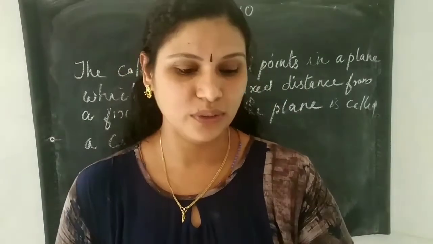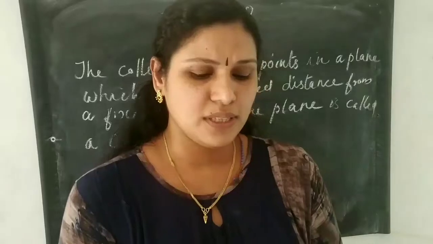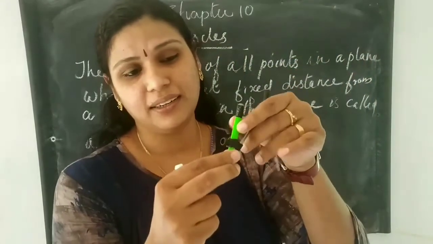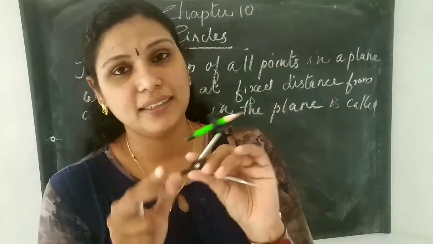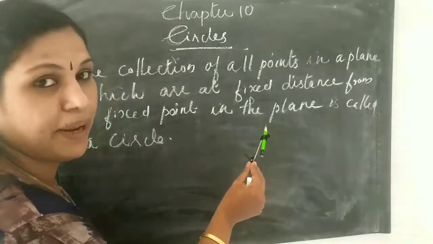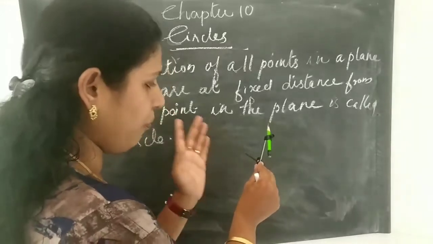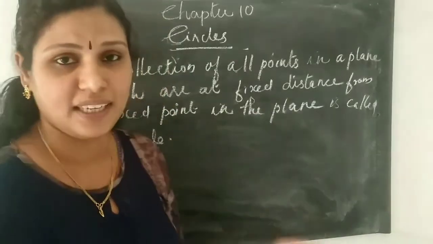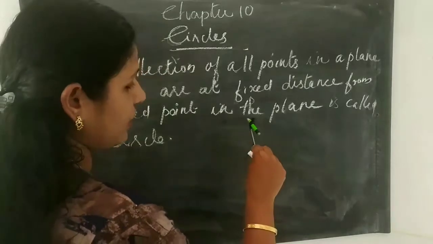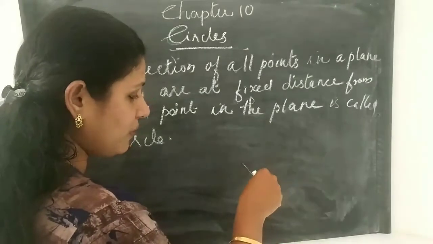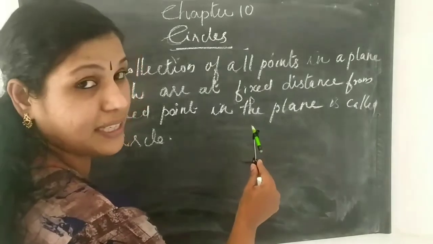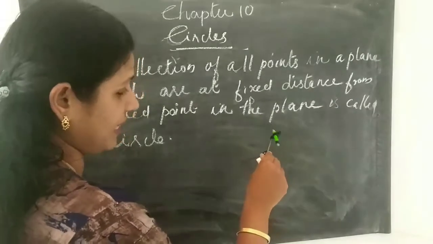You just take the compass and insert a pencil in one leg, and the tip of the other leg is fixed in a plain sheet of paper or a fixed surface. Very well, you can place that and move the pencil leg like this.